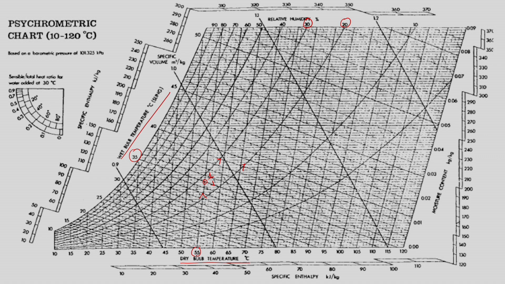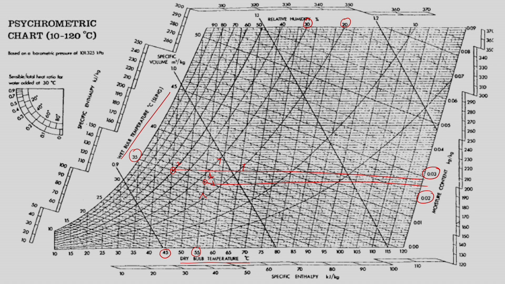For example, if I decrease the temperature from 55 to 45, okay, so 45, if you see on the wet bulb temperature, what you get is this point, right, 0.2. So, the 0.2 comes somewhere here and 0.1 comes somewhere here, right.